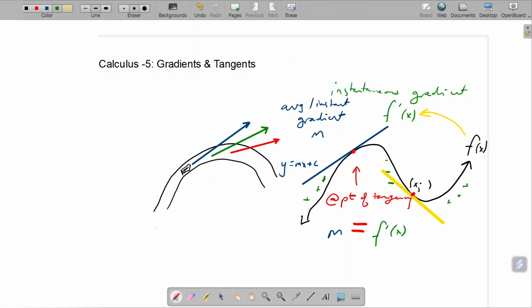Again, there are some nice pieces of software, Desmos and GeoGebra, and I would encourage you, if you have access to a computer, to look at either GeoGebra or Desmos. These are online graphing options that show you how that works.